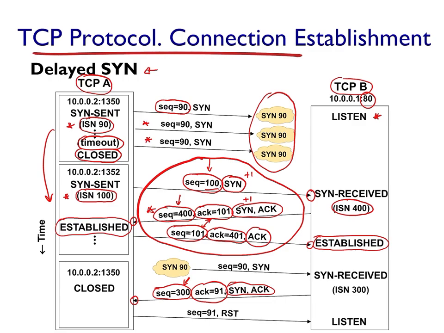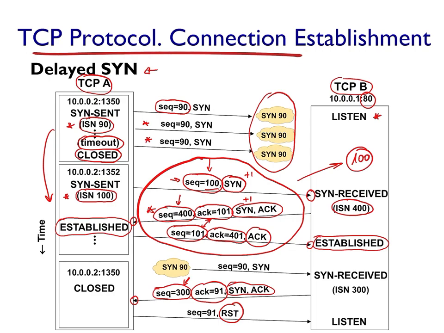So in this case, A says, okay, I have one connection that is already established with B with this sequence number 100. I'm maybe receiving a notification from a previous trial that I discarded, so I want to reset this connection, and we will continue using this TCP connection with this initial sequence number.